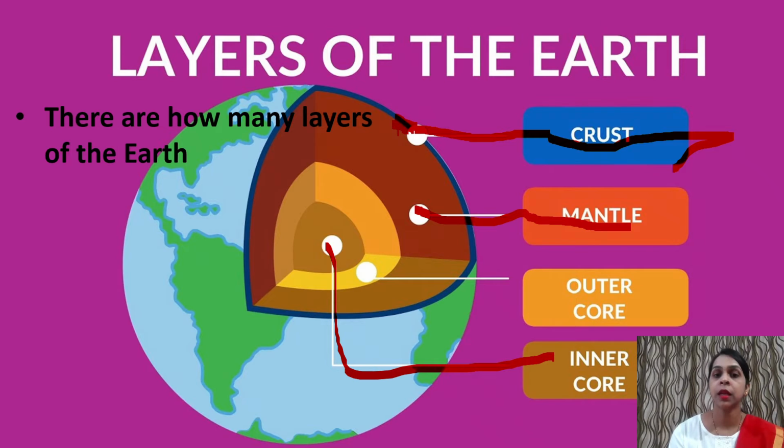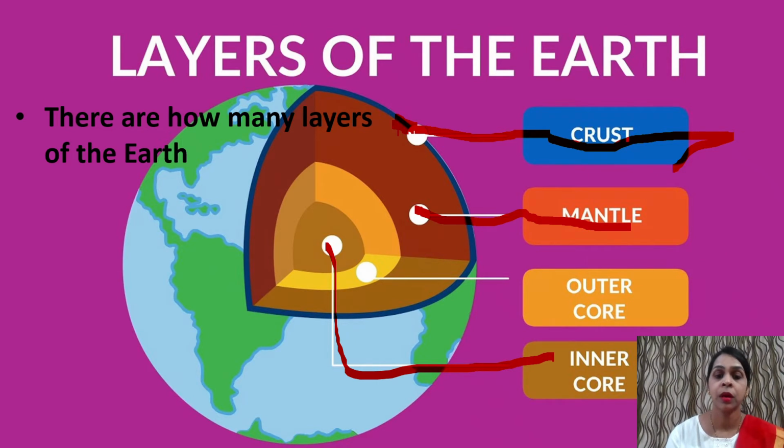The crust is thinner than the mantle, the outer core and the inner core. The mantle is the thick layer and has old bedrock material, and the molten rocks are here. You can see here it is the mantle.